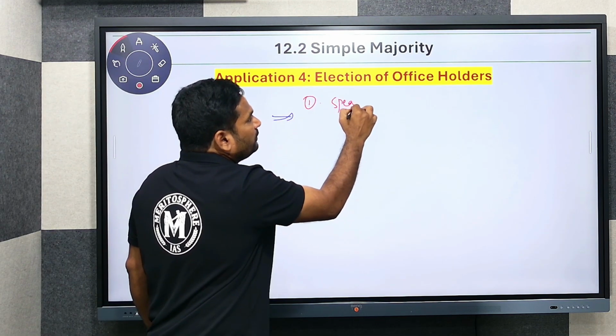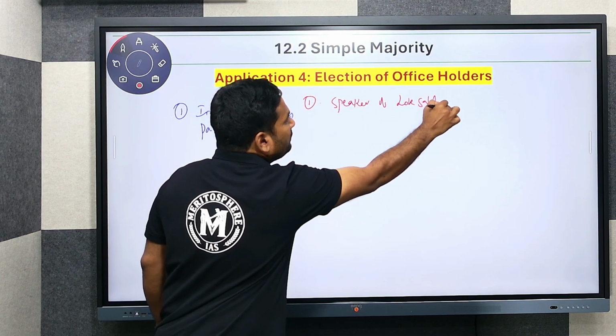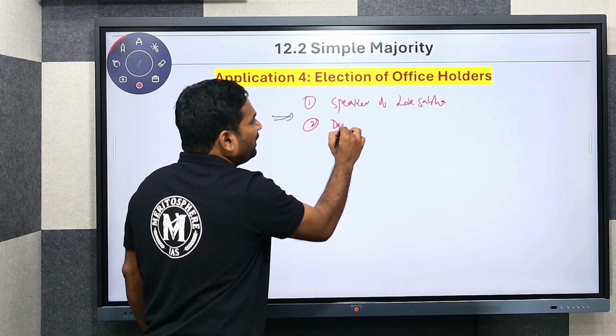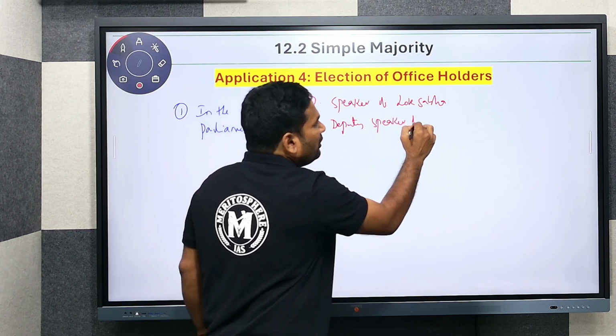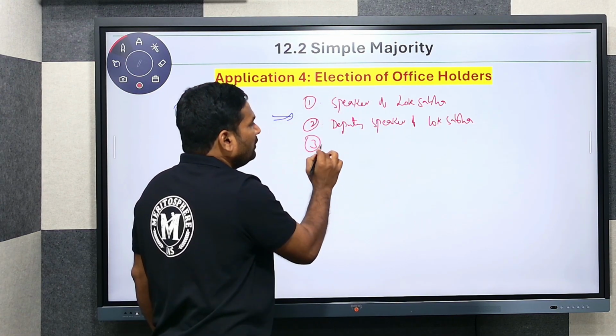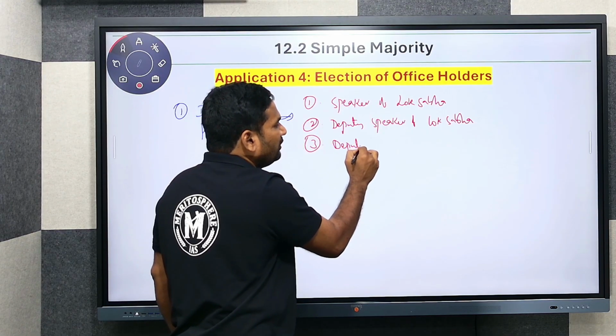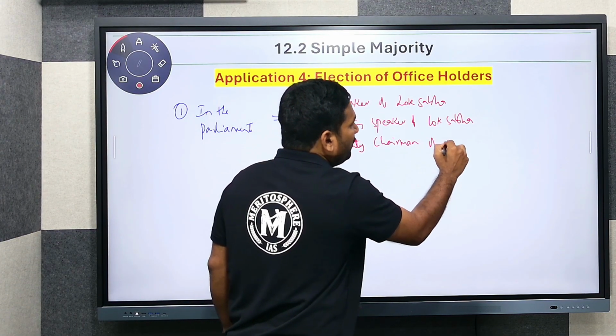Speaker of Lok Sabha, Deputy Speaker of Lok Sabha, Deputy Chairman of Rajya Sabha.